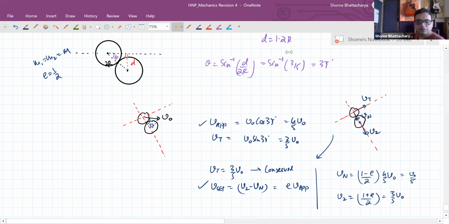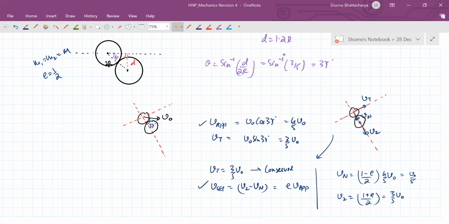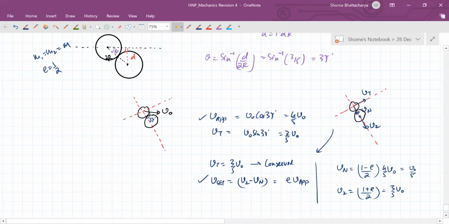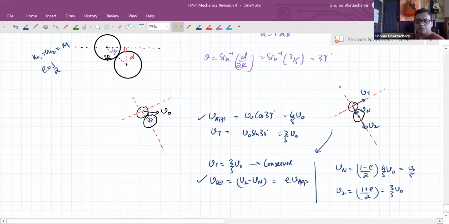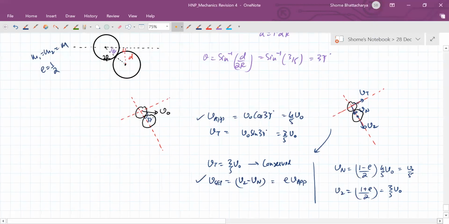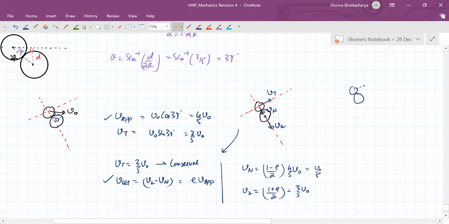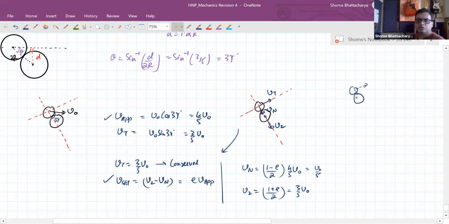So 3 by 5 V naught you got, and now we have to calculate the net velocity of this one. For this particular body, the tangential component plus the V naught by 5 normal component, its net velocity will become the vector sum of these two.